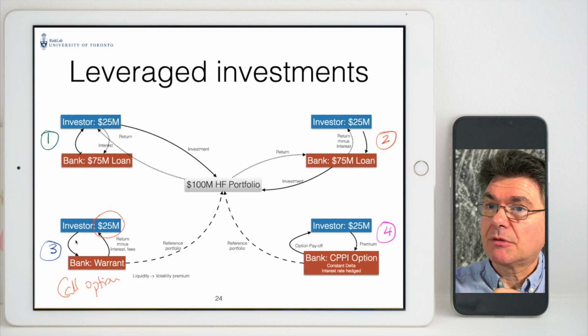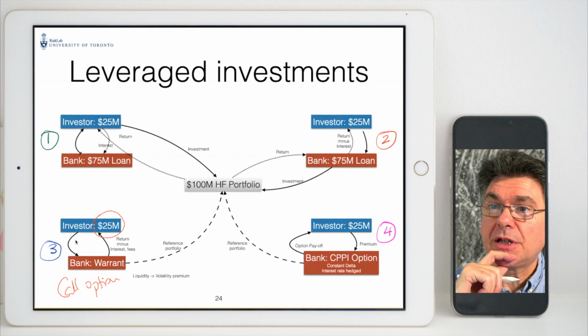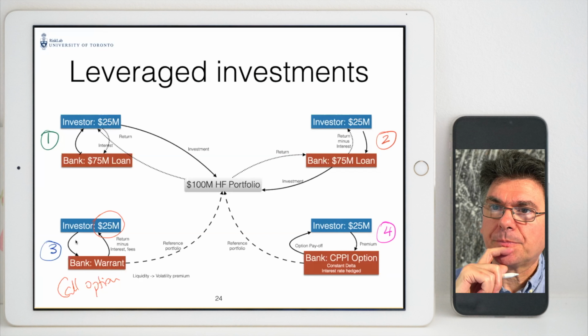That's a call option, right? You told me a few weeks ago that you have seen call options. So this thing that we have in part 3 is a call option. So you are investing money with leverage by having a call option with the bank. The bank will give you a call option.